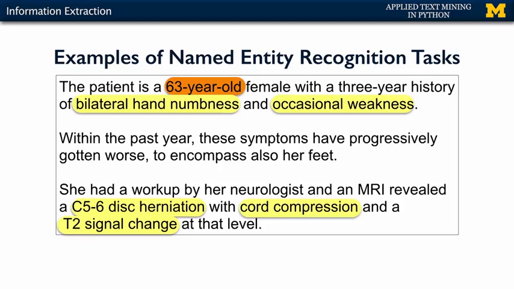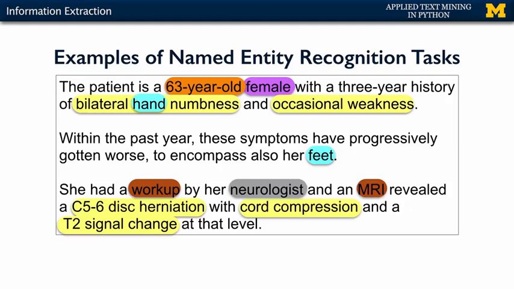So you could say age is 63 or you could say age is 63-year-old. You have gender, female. You have mention of a medical specialty in a neurologist. You have a procedure that was done. So you have a workup or an MRI.